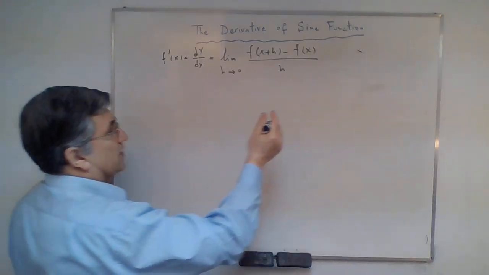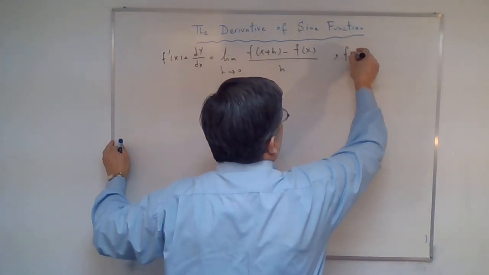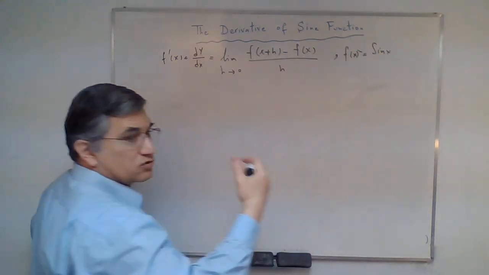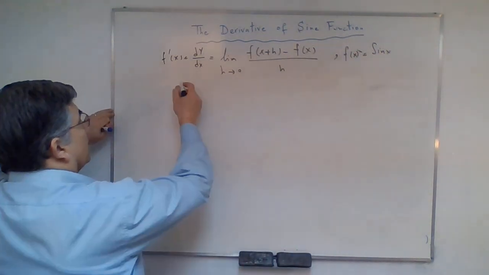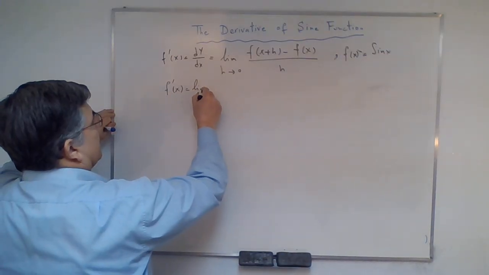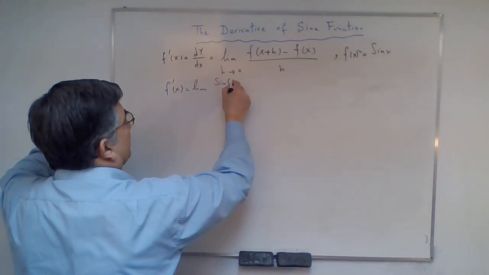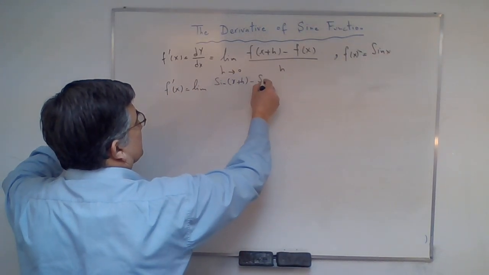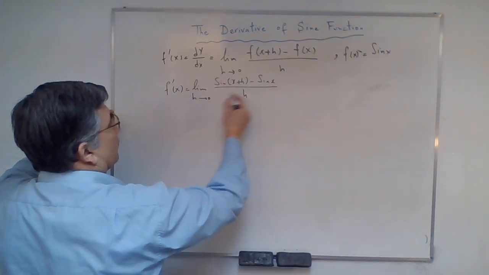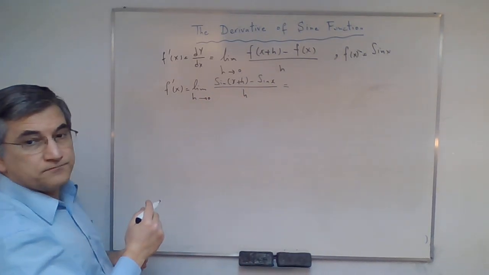Now in this case, we have f of x equals sine x. So we want to find the derivative of sine x. I'm going to say f prime of x equals the limit of sine of x plus h minus sine of x over h when h approaches 0, by a simple substitution.